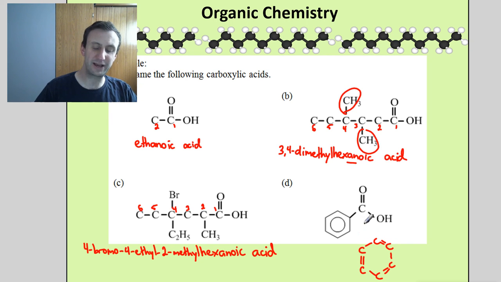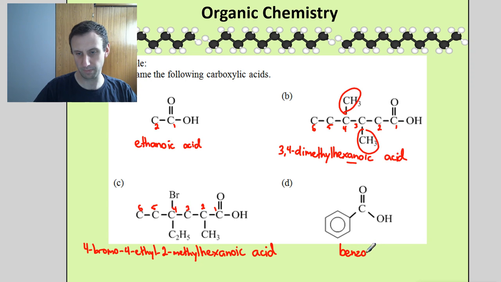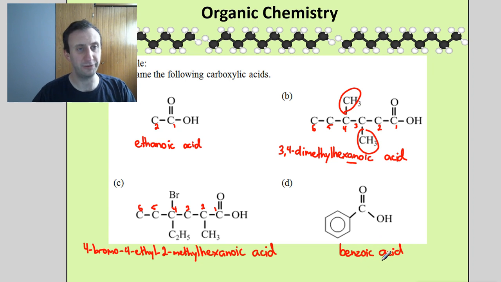So we actually give this a special name because it is so common that when we have a carbon coming off of the benzene which has a carboxyl group on it, we call this benzoic acid. Right, benz because we have benzene, and then oic because it's a carboxylic acid. So benzoic acid. That's just one to realize, to memorize.